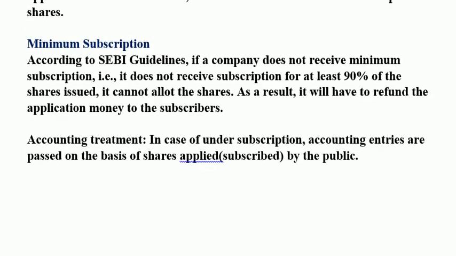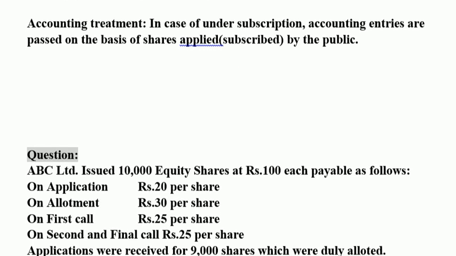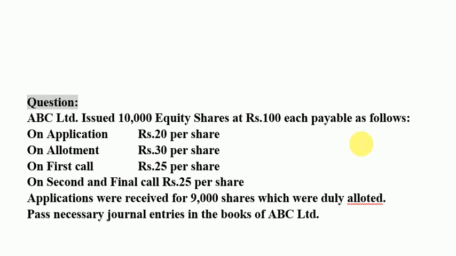Now children, it is quite common sense to understand that if the number of shares applied is less than the number of shares issued, then the entire calculation will go on the number of shares subscribed. So in the same question with which we started this chapter, what I have changed is that applications were received for 9,000 shares, which were duly allotted.